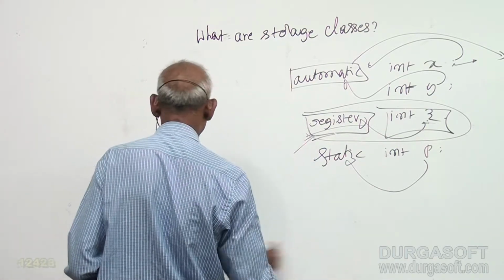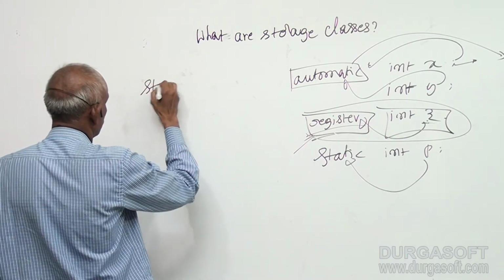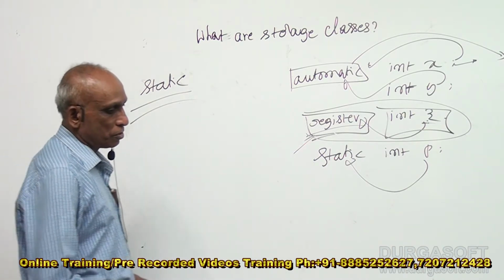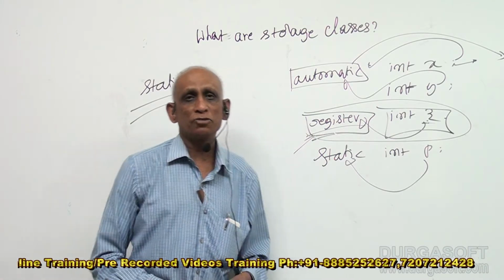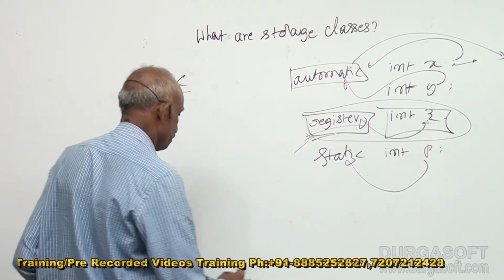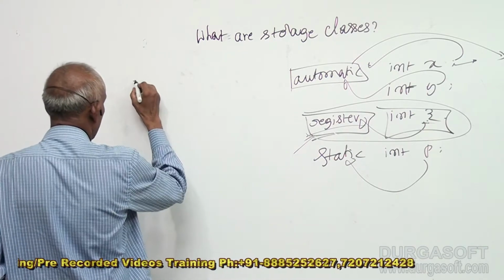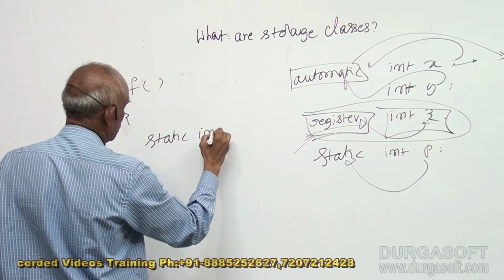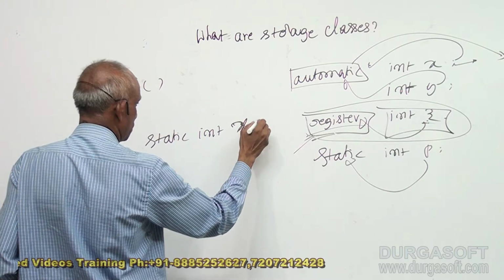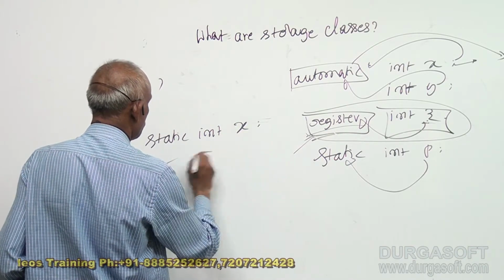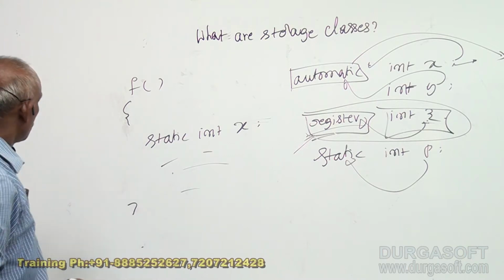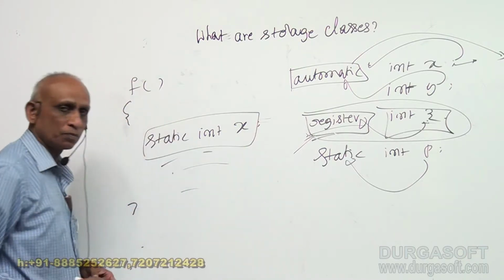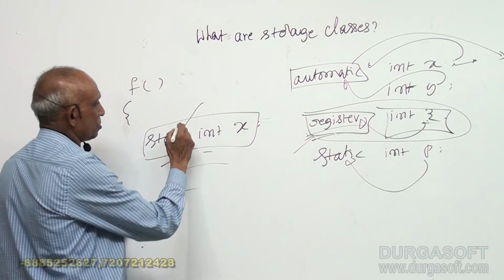Next, coming to static variables. These static variables' values are not destroyed along with the function. Suppose there is a function here, I declare static int x and do something. Now when the function is invoked, the variable is created inside the function. When the function exits, this is not destroyed.